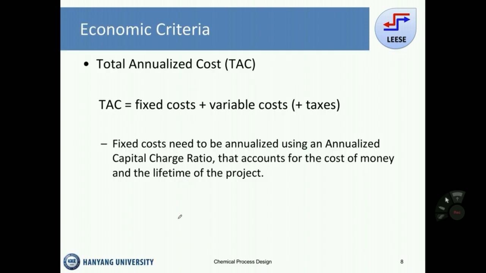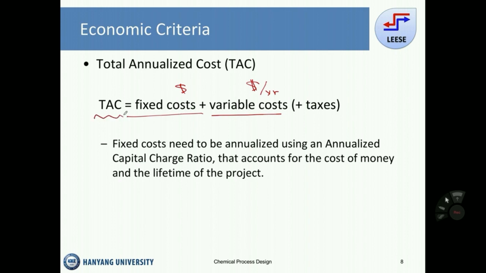Another criterion is called TAC, total annualized cost. TAC is given here by the fixed cost and the variable cost. Again, this is based on dollar per year, okay? So we need to take the annualization of the fixed cost.